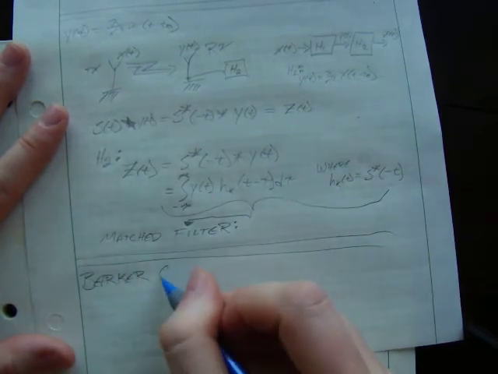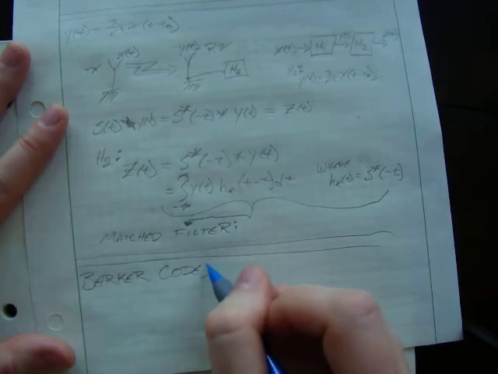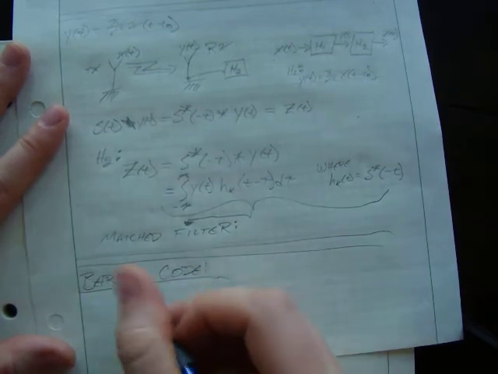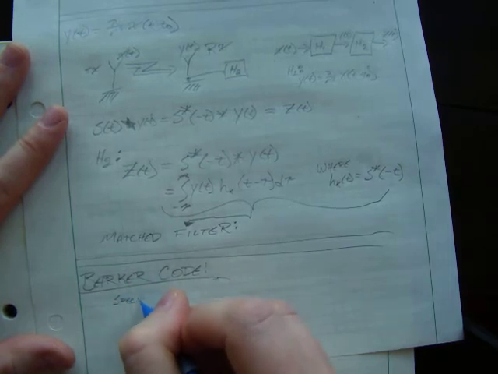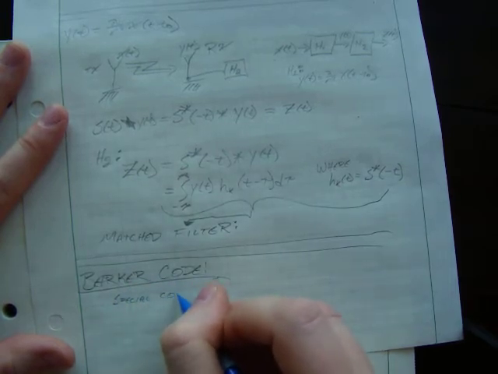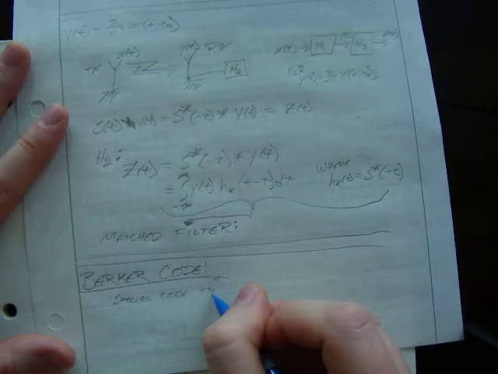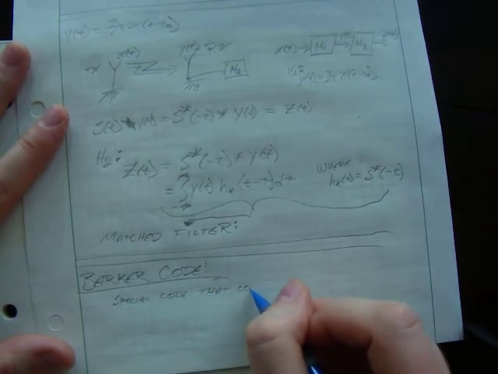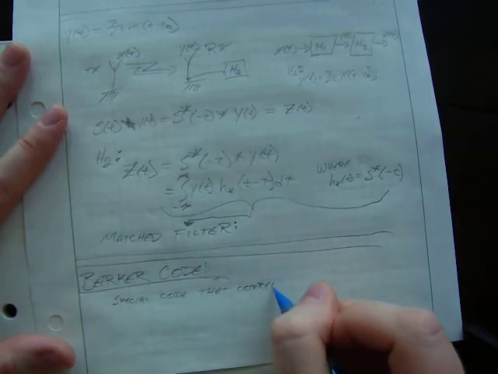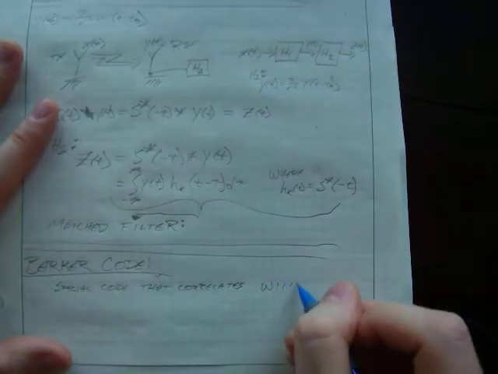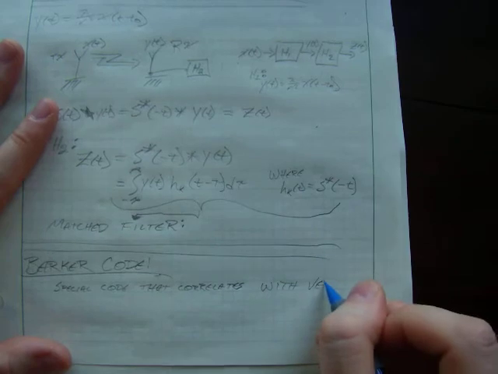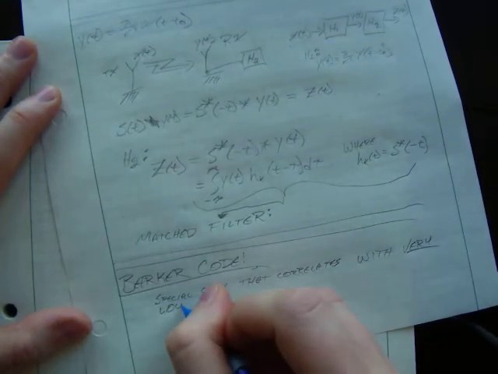A Barker code is a special code that correlates with very low side lobes.